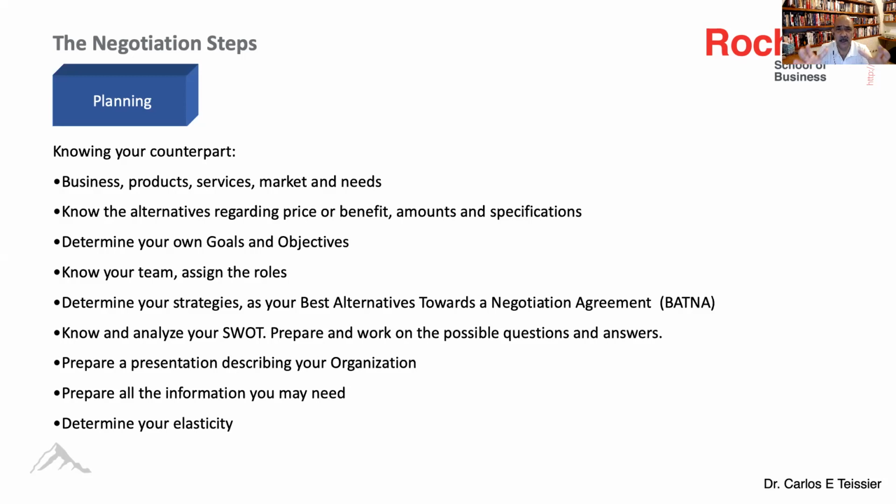Sometimes you're not interested in this particular operation, but you're interested in developing a relation with the other company because you know that in the long term, the relation is going to be very good for your business. So sometimes you sacrifice this negotiation in order to be able to create that long-term relationship. So what do you want? You have to make up your mind at this stage and find how the outcome of the ideal negotiation looks like.